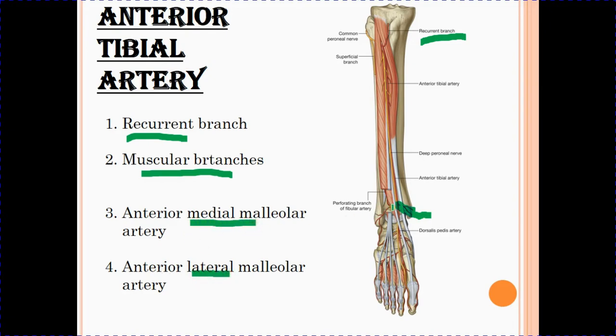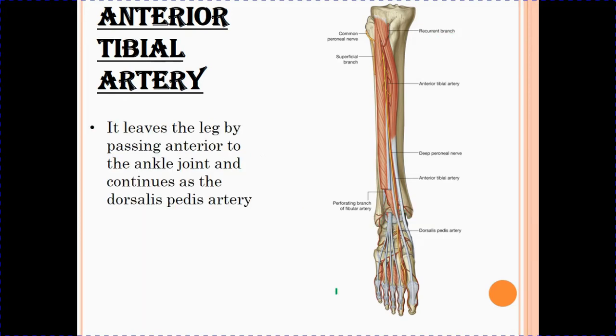This is anterior lateral malleolar artery. The anterior tibial artery leaves the leg by passing anterior to the ankle joint, and it continues as the dorsalis pedis artery in the foot. So this is the dorsalis pedis artery. It is actually the continuation of the anterior tibial artery in the foot.